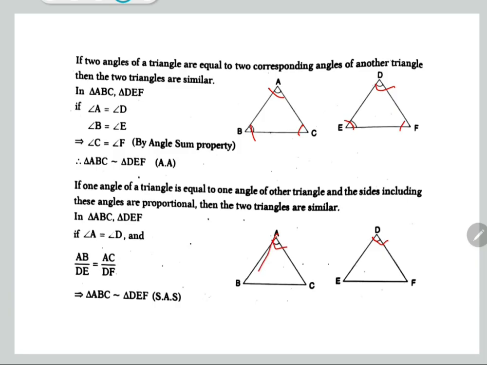That means AB by DE equal to AC by DF. One angle is the same and the corresponding sides are proportional, then the two triangles are similar. Then triangle ABC is similar to triangle DEF. This is the side angle side rule.